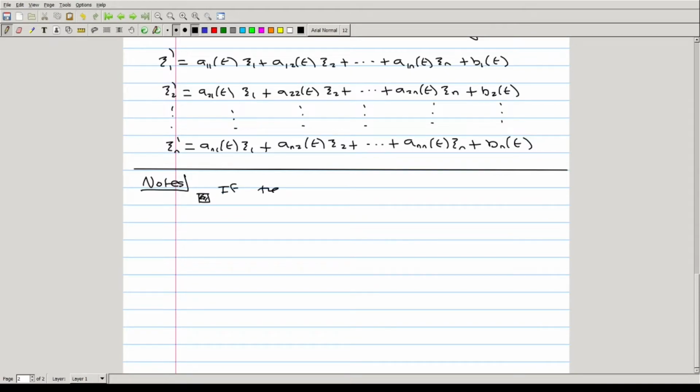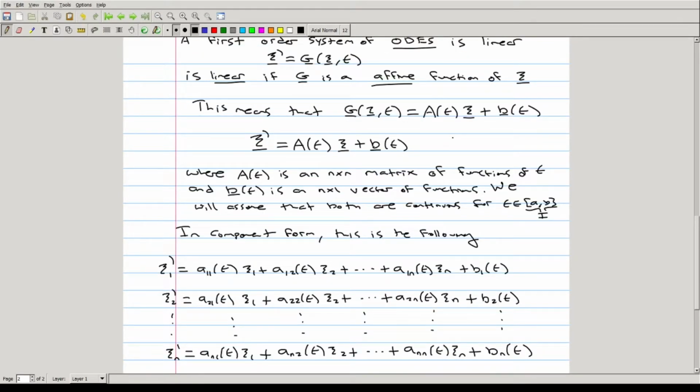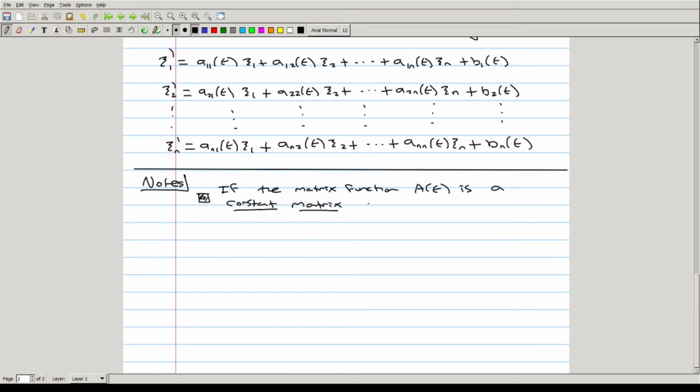If the matrix function A of t is a constant matrix, the ODE system, we'll call it star, is said to be a constant coefficient system.